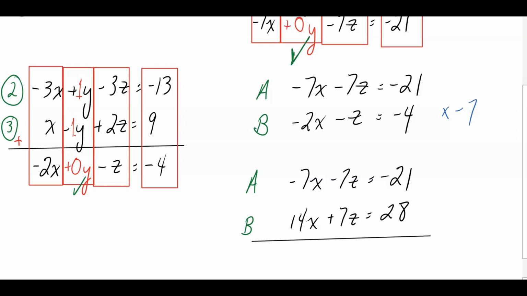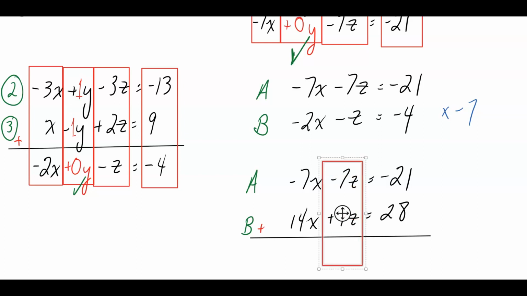Now we will do our addition, and we'll check on the one that we think we are eliminating, right? Negative 7z plus 7z is plus 0z. Let's do the rest. Negative 7x plus 14x is 7x.